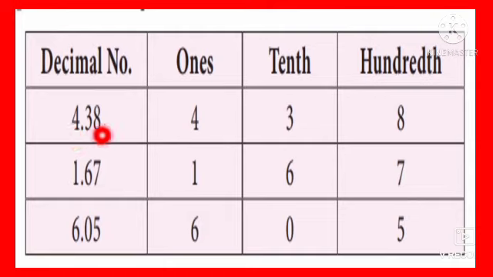So there is only one column in the whole part. Write down the first column, ones, and then there will be a decimal point, and in the decimal part there are two digits, so in the second and third columns write down tenths, hundredths.